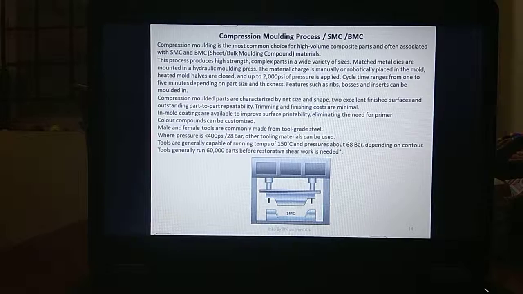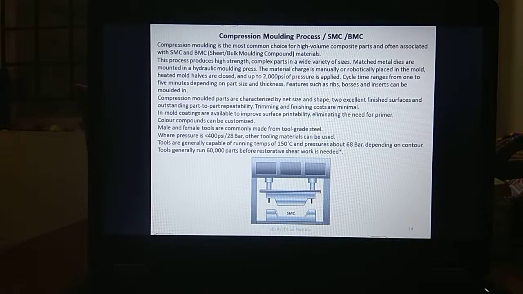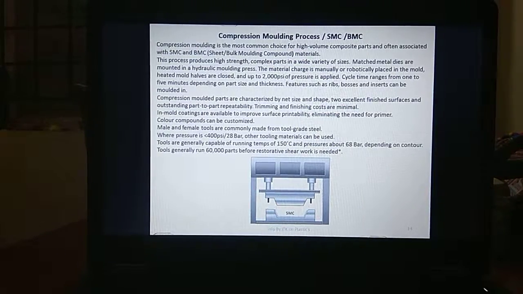The cycle time is very fast compared to any other process we have discussed so far. Usually it is around 5 minutes, depending on the size and thickness of the part we would like to manufacture.